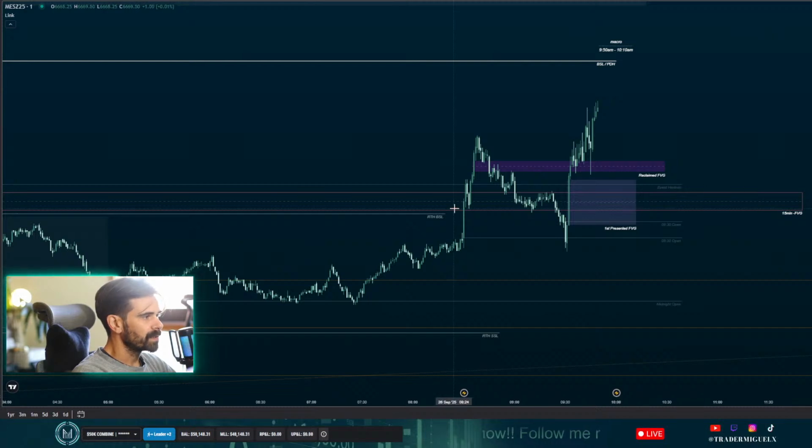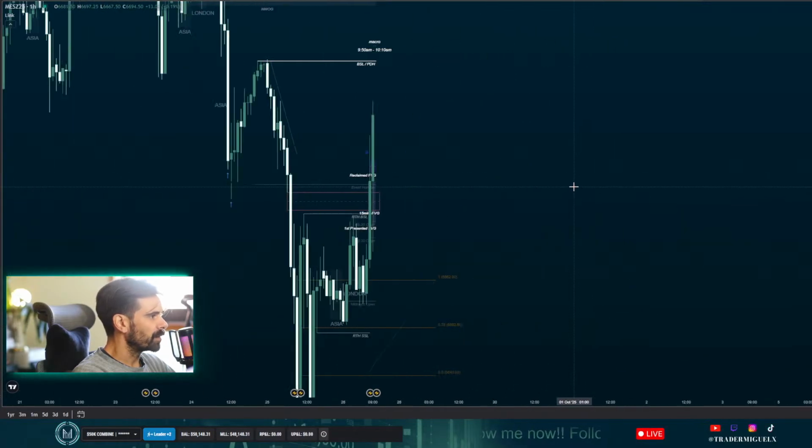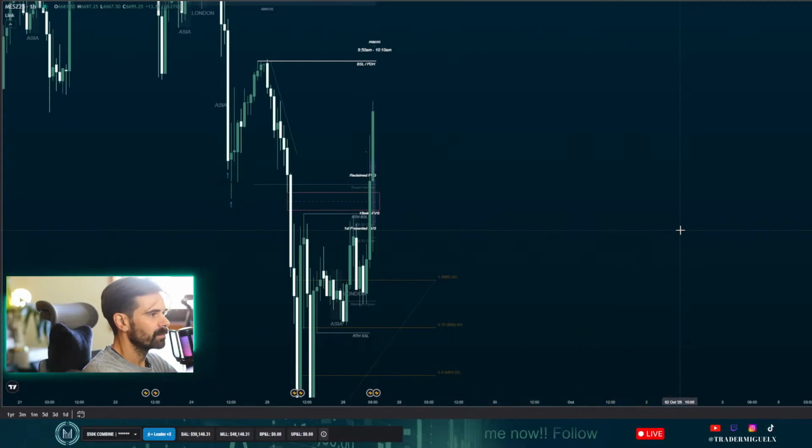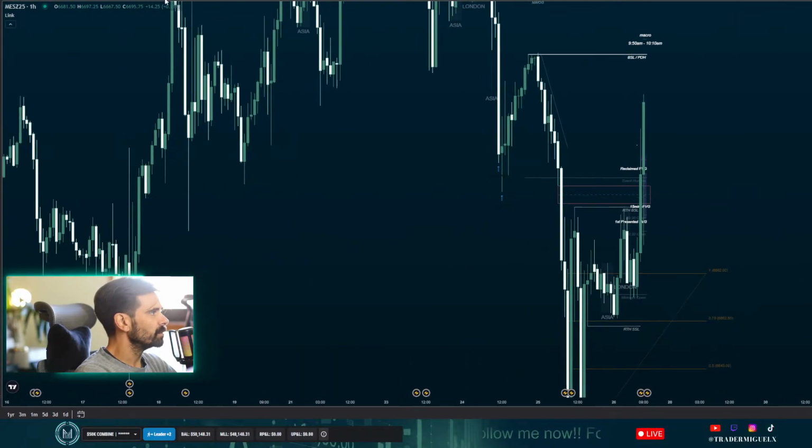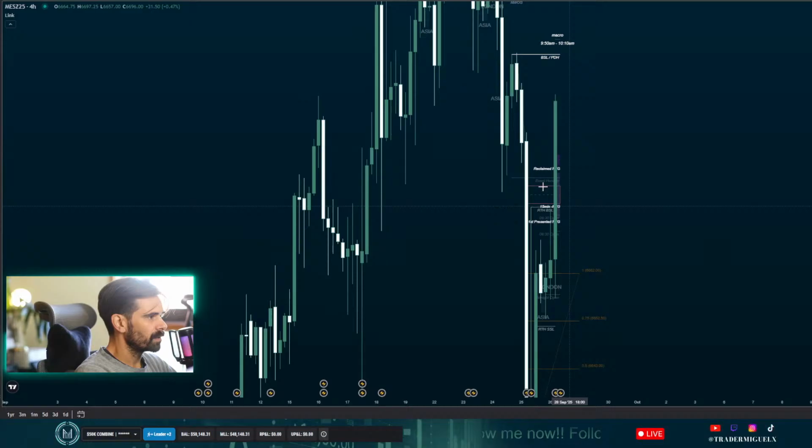So at this point, ES already managed to, just let me go to the 1 hour just to see. Yeah, we managed to invert the 1 hour fair value gap, the bearish one, the 15-minute as well. Let me just check the 4 hour. Yeah, we are managing to work on this 4 hour fair value gap as well.